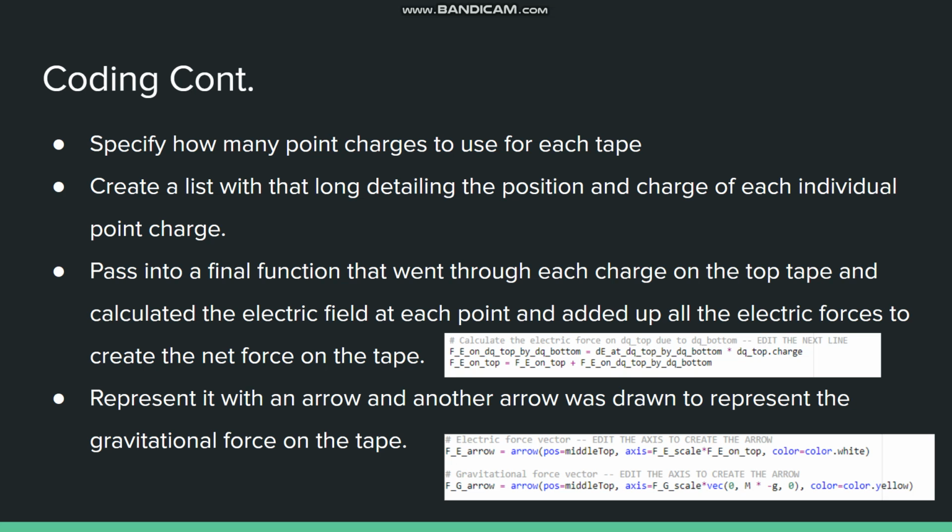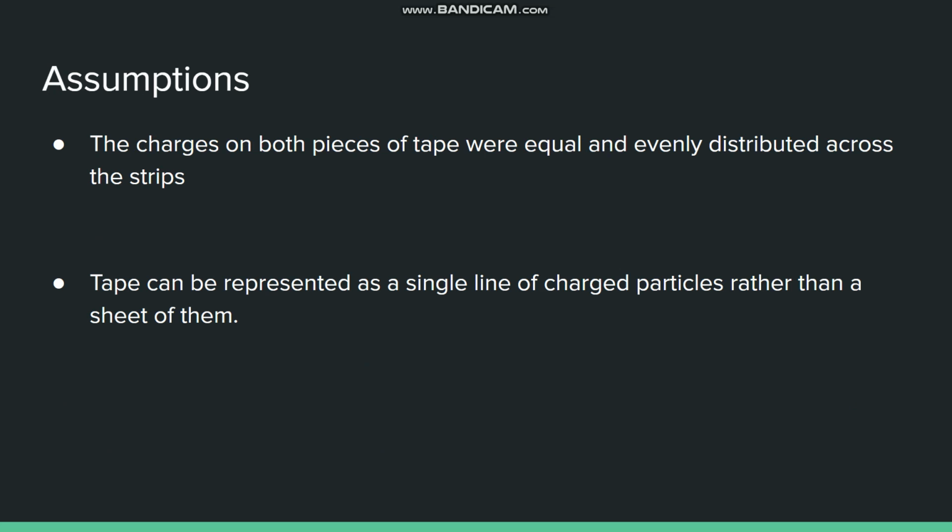I can take that information and pass it into a final function that goes through each of those charges on the top tape and calculates the electrical field and force at each point and summates them. Finally, I can represent that net electrical force and calculate the gravitational force and represent both of those with two arrows from the pieces of tape.